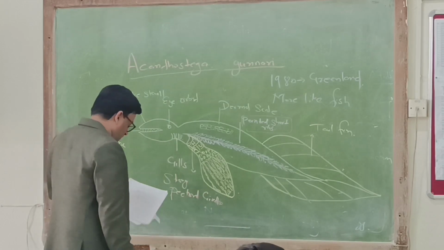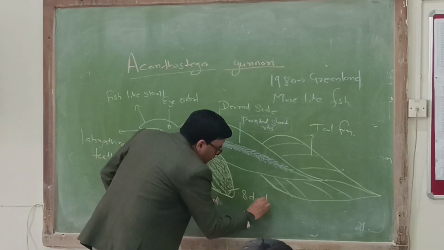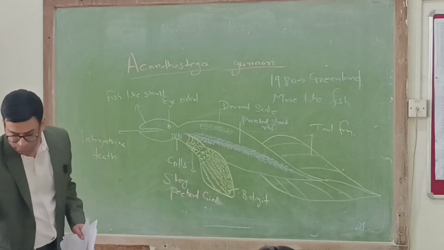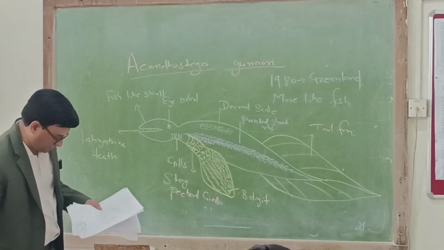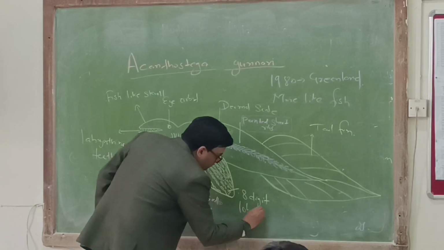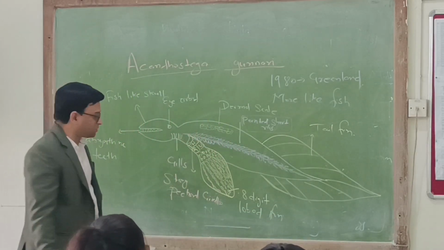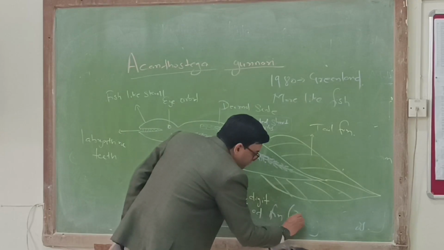So they have 8 digits in the lobed fin with the tetrapod plan. This plan is the tetrapod plan.